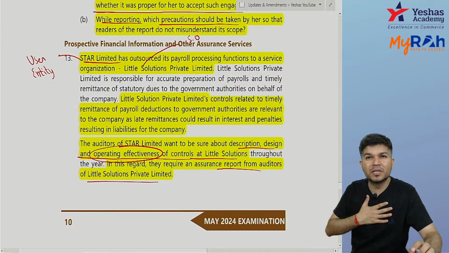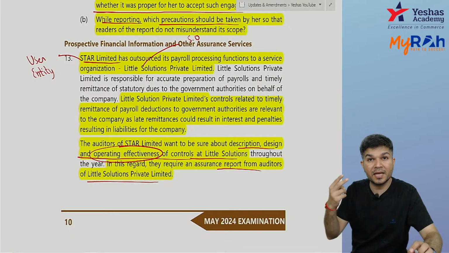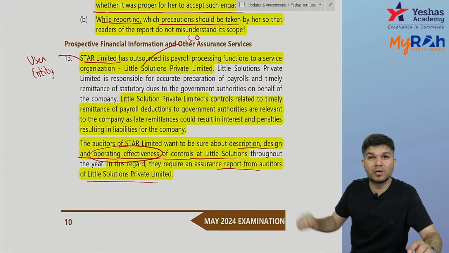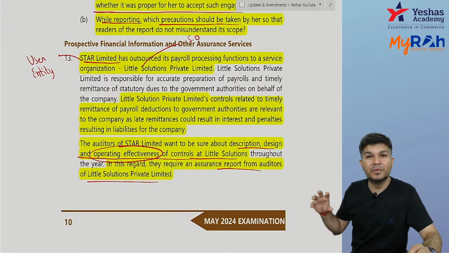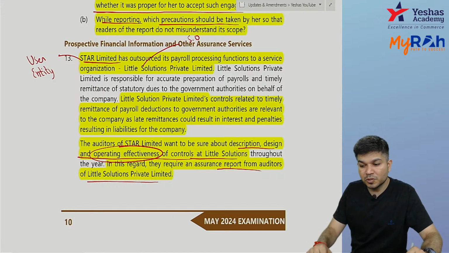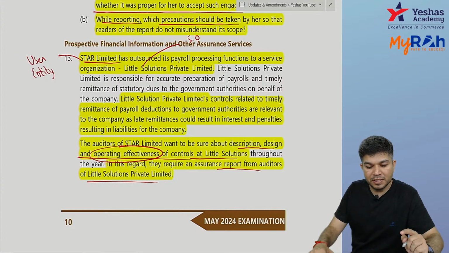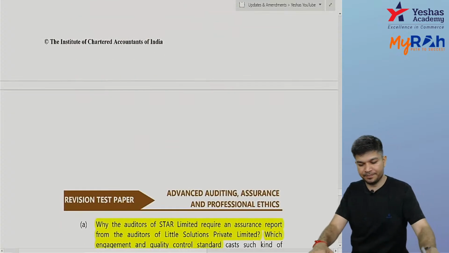Now tell me, if I want a report about description, design, operating effectiveness of controls at the service organization, I should take which type of report from their auditor? The service organization's auditor should give me which type of report, type 1 or type 2? I want description, design and operating effectiveness, so a type 2 report should be taken.